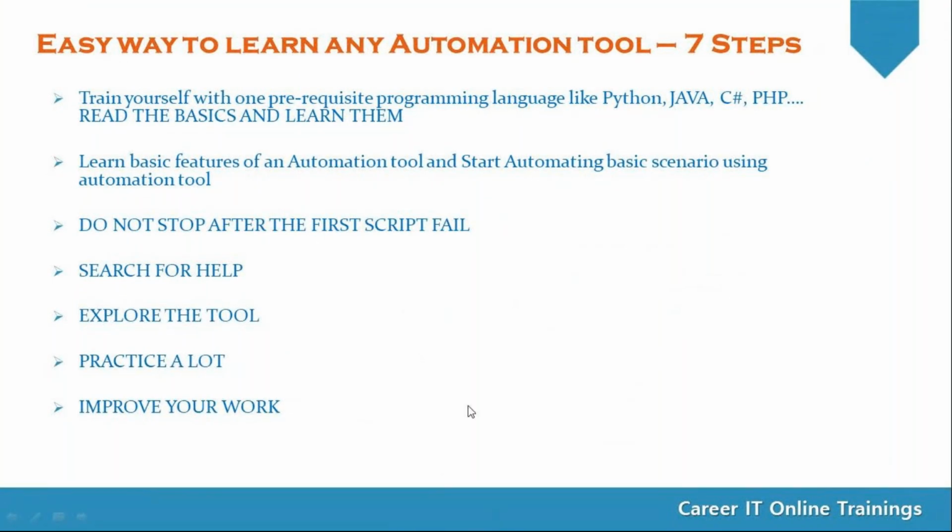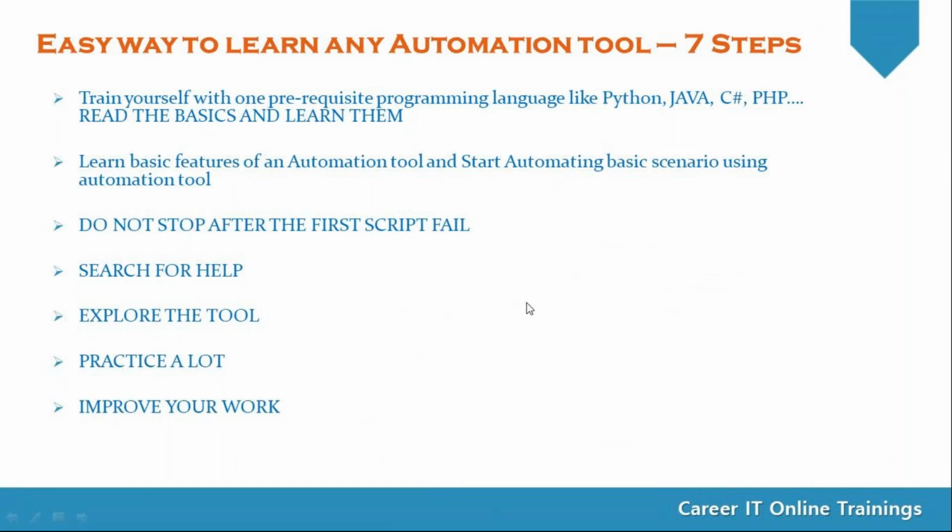The first step is to identify whatever tool we are going to learn, and also identify which programming languages it supports. Suppose Selenium is supported by multiple programming languages like Java, C sharp, that is .NET, Python, PHP or Node.js.